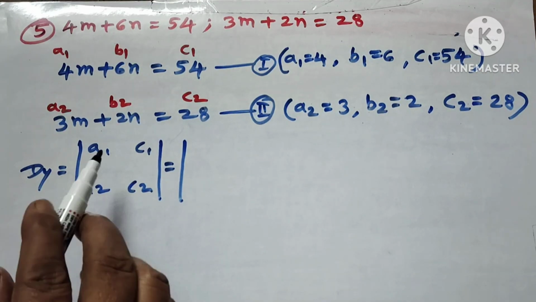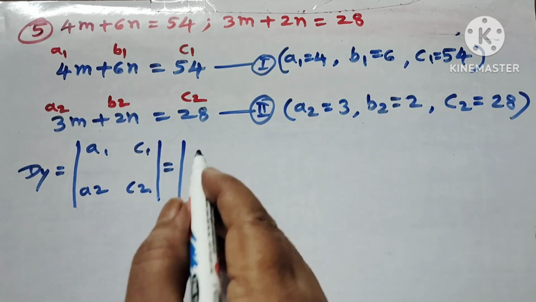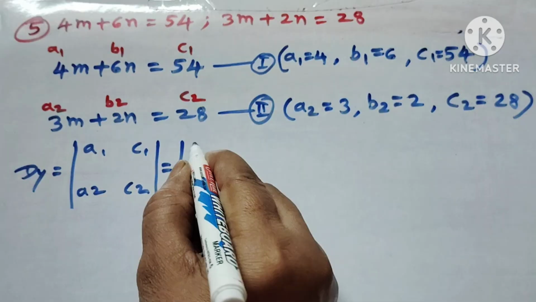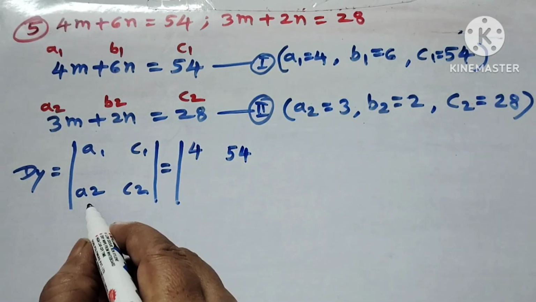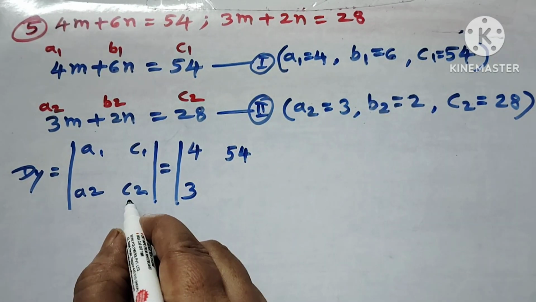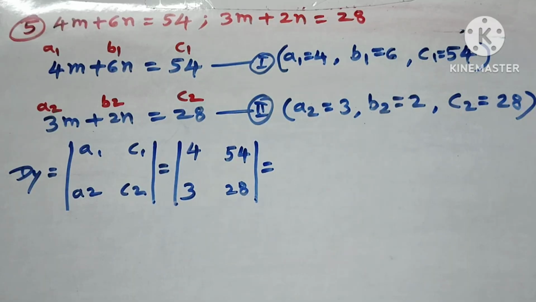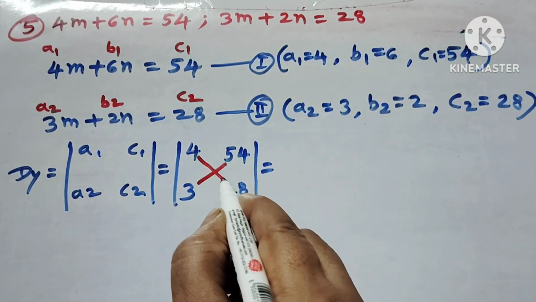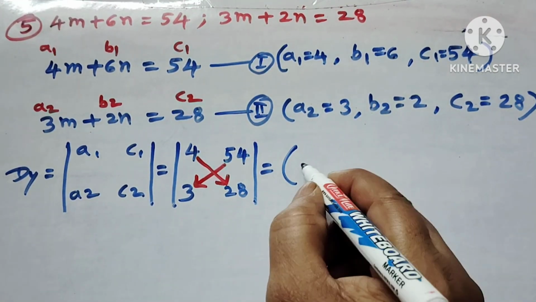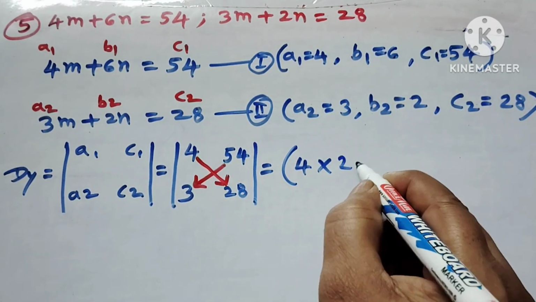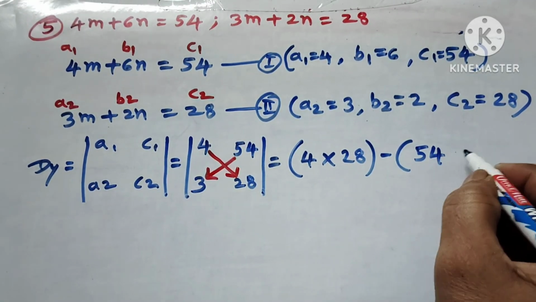dy is equal to a1 c1 rows, a2 c2, is equal to, put the value, a1 4, c1 54, a2 3, c2 28. In bracket 4 into 28 minus 54 into 3.